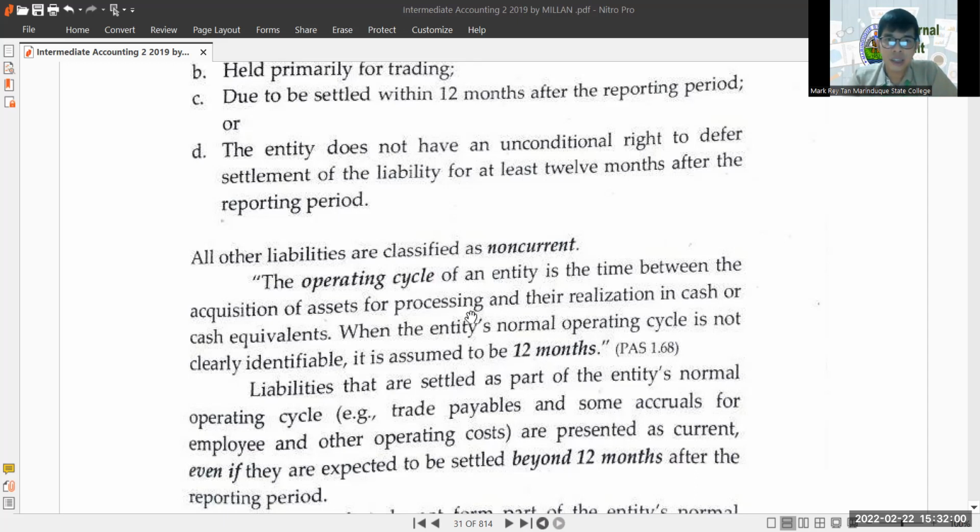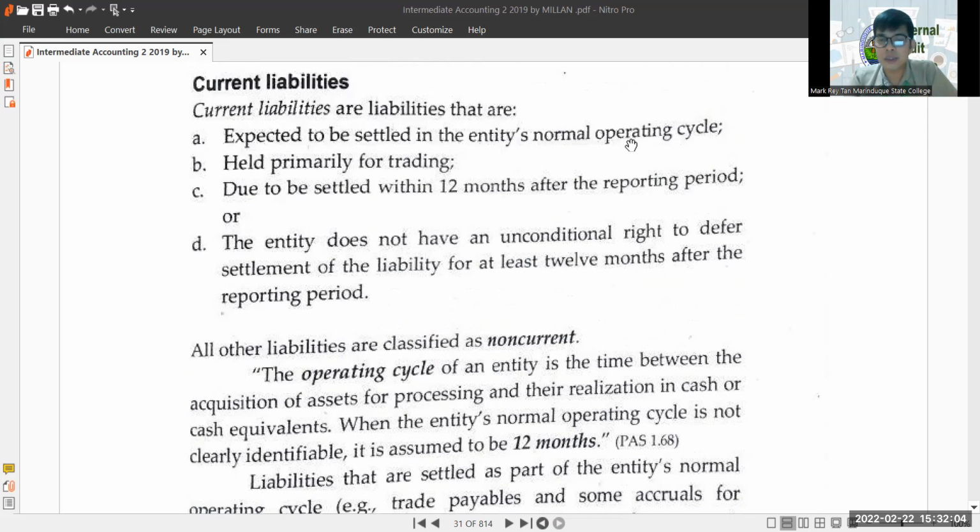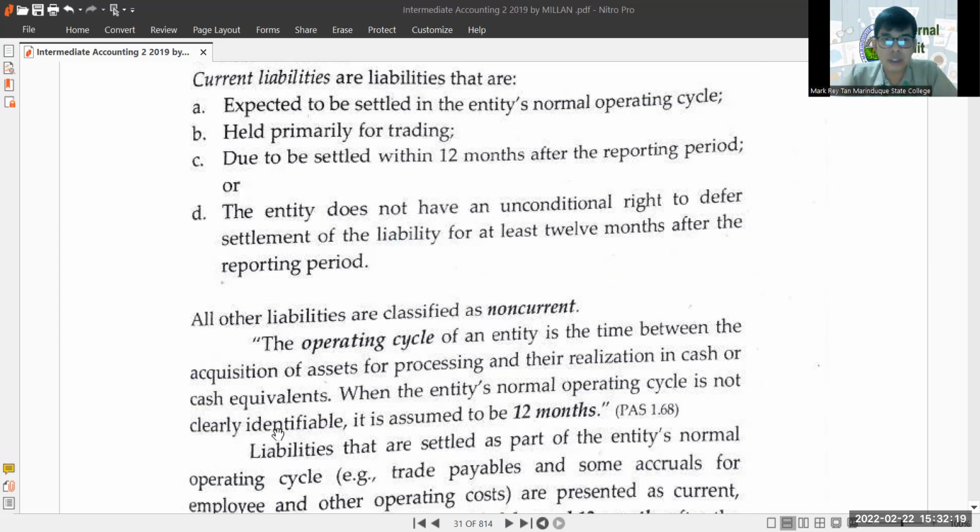Kasi kaya nga ang term natin is operating cycle, normal operating cycle. Kasi ibig sabihin, it may depend on the company or on the entity. Pero yung business operating cycle nila can be less than 12 months, can be more than 12 months. Pero if not mentioned, if not clearly identifiable, it is assumed to be 12 months.